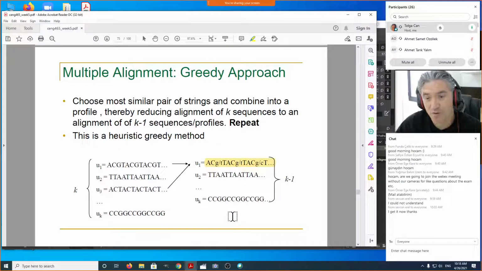So I'm going to conduct another K pairwise alignments to see whether U1 is closest to U2 or U2 is closer to UK. Again, at this step, my goal is to find the closest pair of sequences, and one of these pairs may be this hybrid sequence.